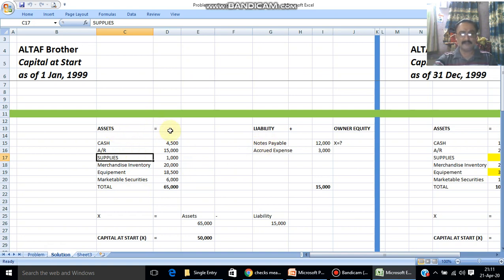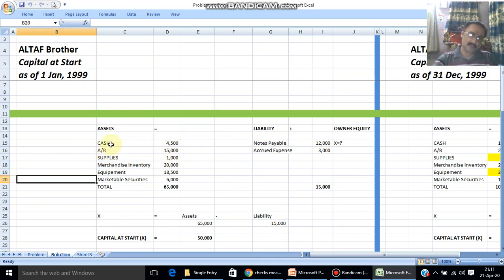Let's see, assets is equal to liability plus owner's equity. Normally that is the equation, but if we are finding the owner's equity, then assets minus liability is equal to owner's equity. That is the equation for it. So I am giving you the solution for it.